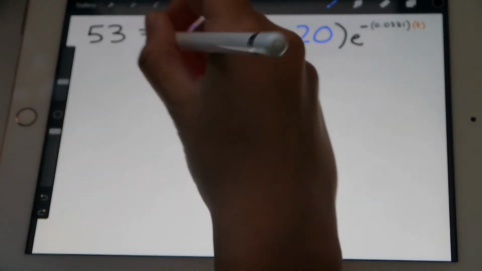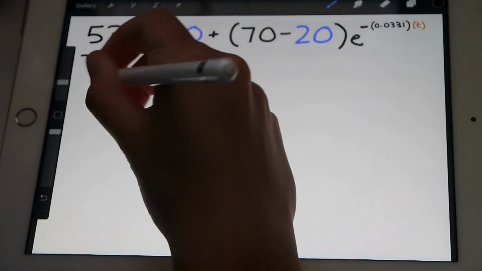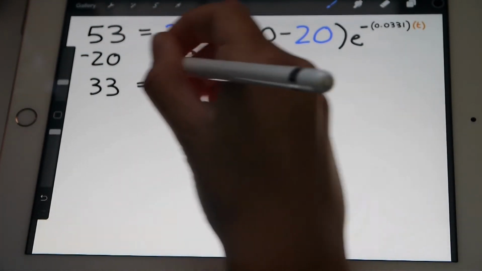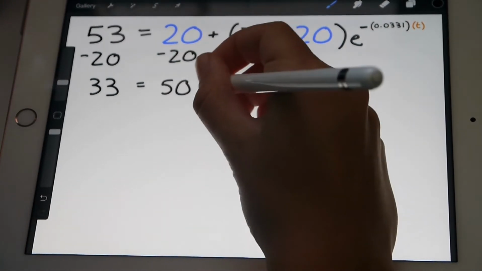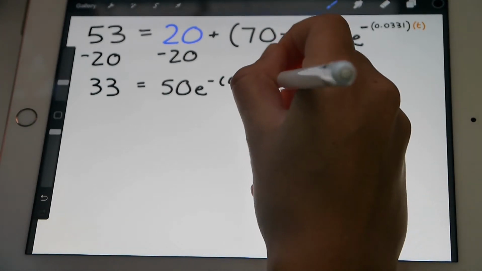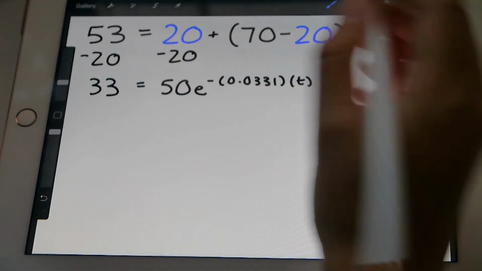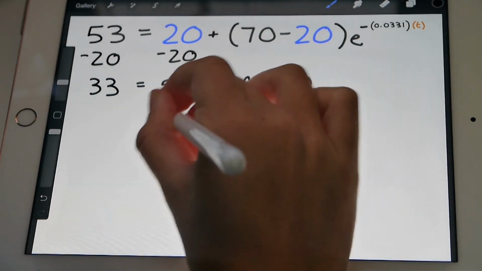Lastly, to solve for how long it's going to take, it's not much different than solving for the rate, which we did earlier. So you're just going to subtract 20 from both sides, and you're going to get 33 equals 50 times Euler's e to the power of negative 0.0331 times the time.